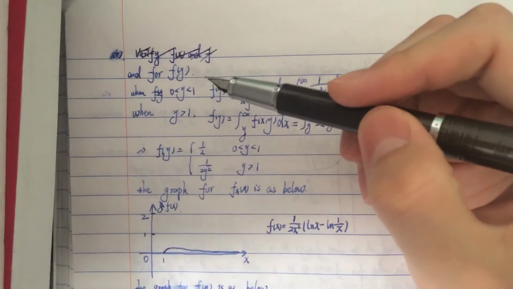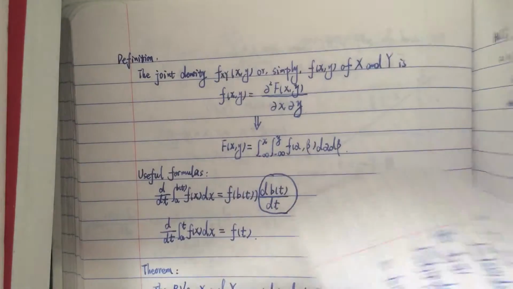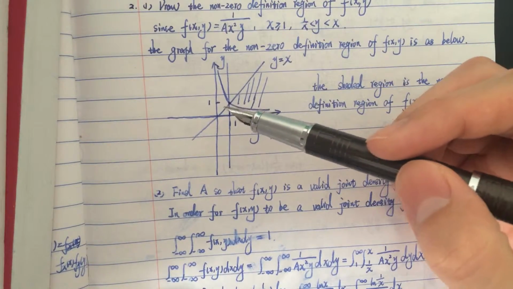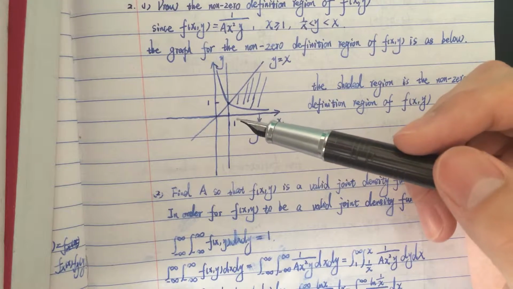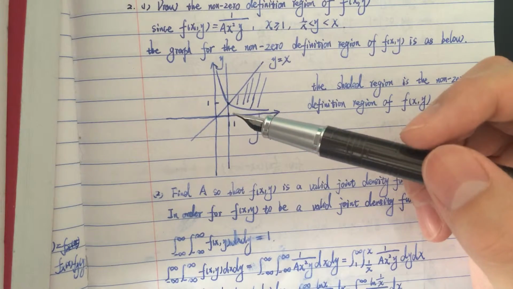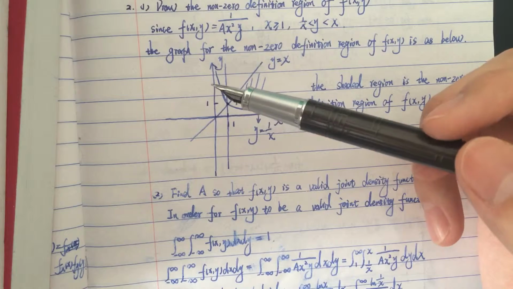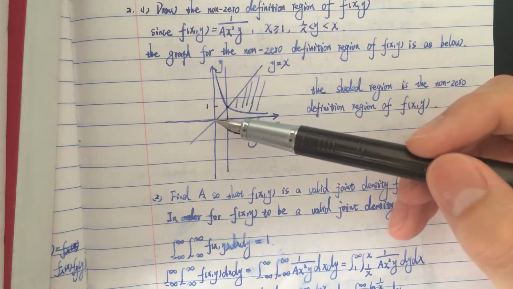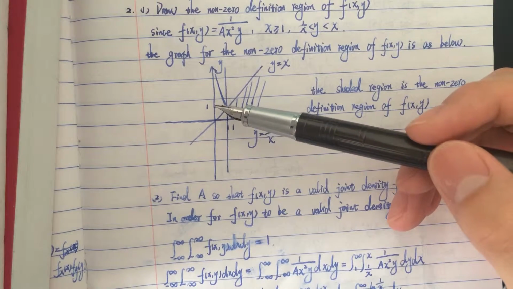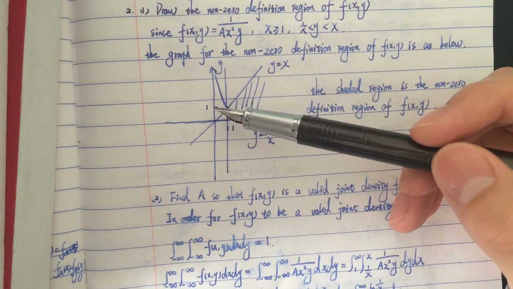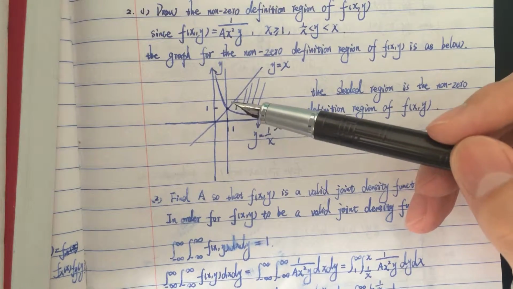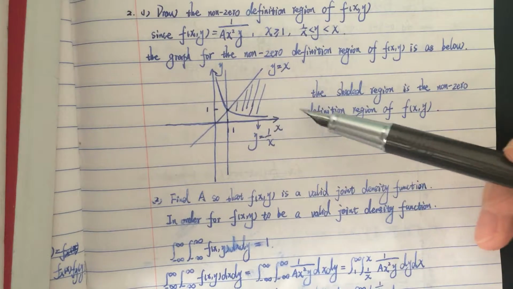Then for fY. According to this equation, we can know that the corresponding x is different for different y. When y is larger than 0 and less than 1, the curve corresponding to it is like this.